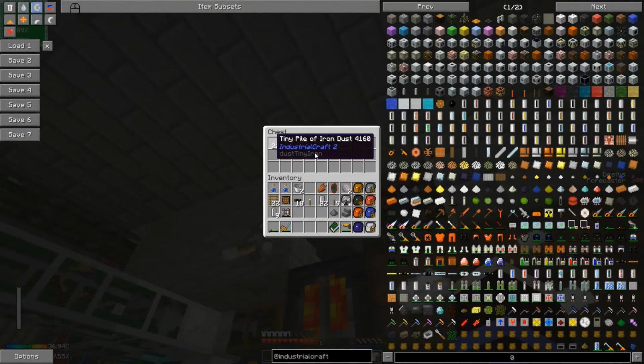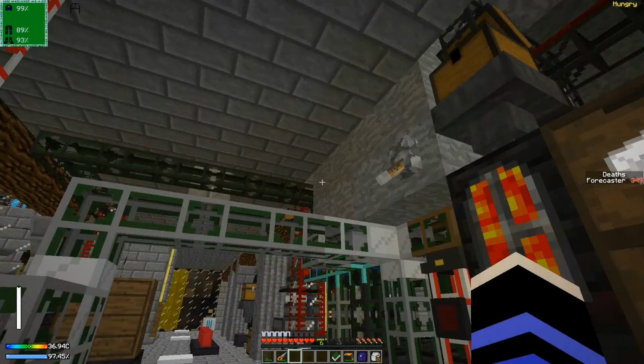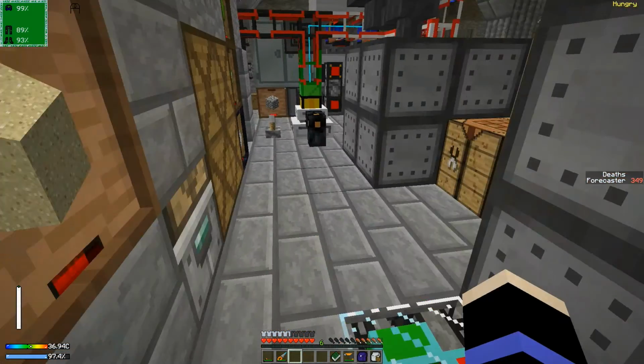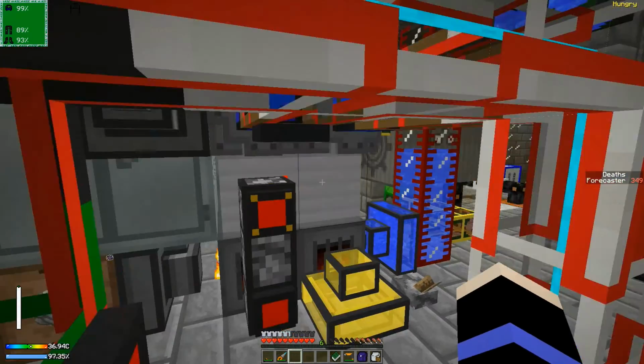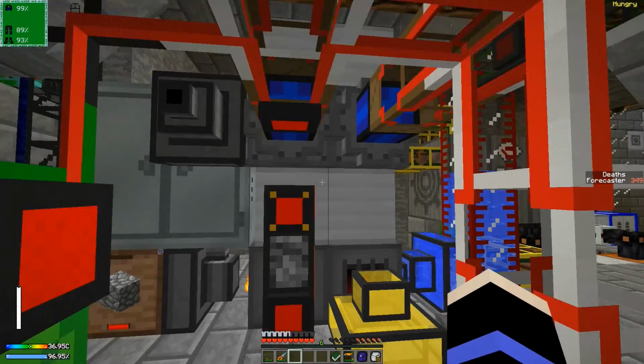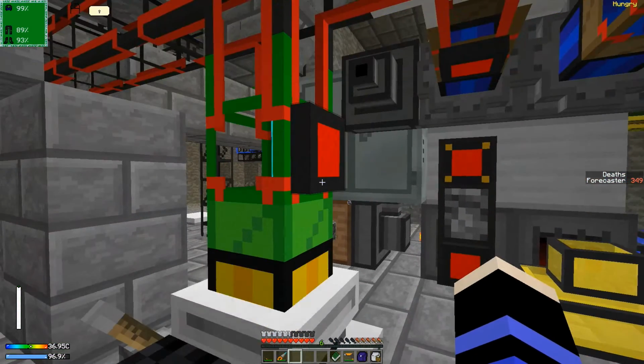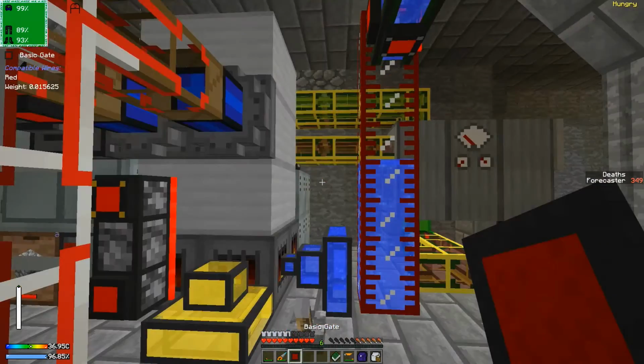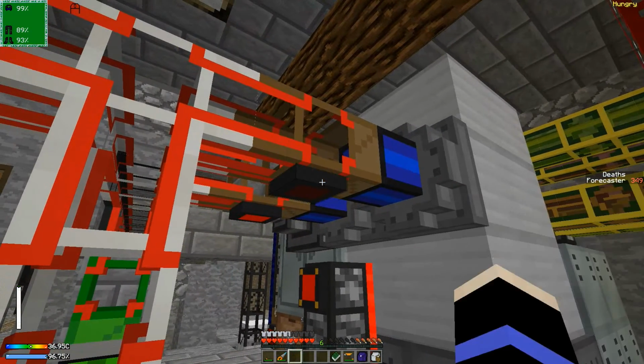Let's see, we do have some dusts building up in here. Let's see how the boiler is doing. It has started producing steam, and it is almost at the pressure required to start outputting. So we are going to want to take this gate and put it back here.